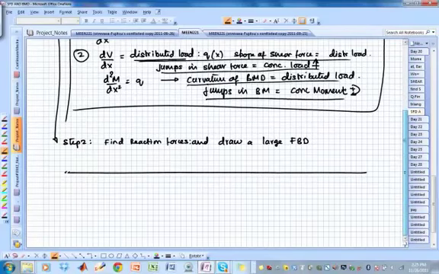Then draw all the forces. That force was 8 kips. And then there was a force here, 6 kip. And there's a force there, 12 kip.